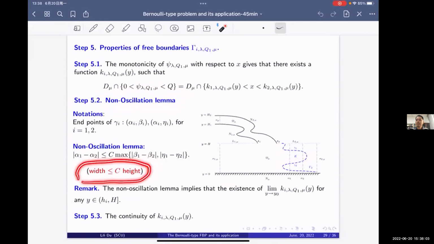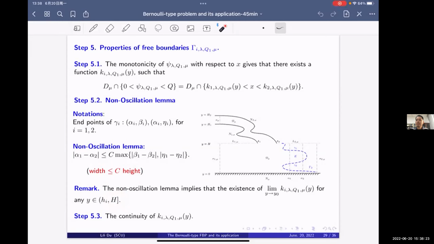So this fact gives us the continuity of the free boundary up to the endpoints A1 and A2. So we can define the initial points of the free boundaries gamma 1 and gamma 2.